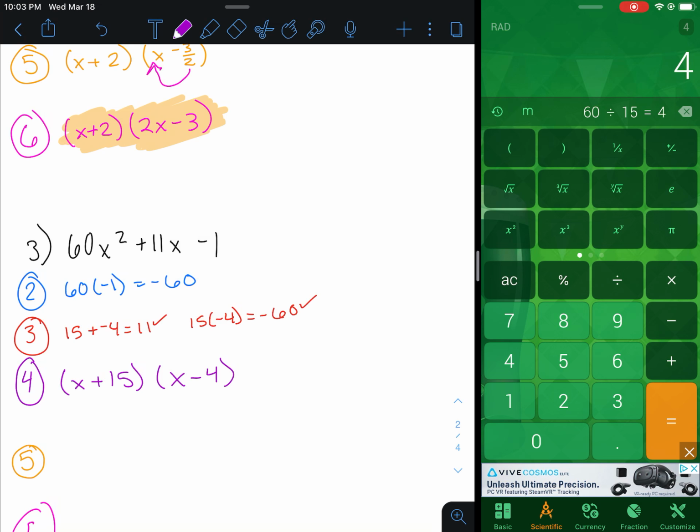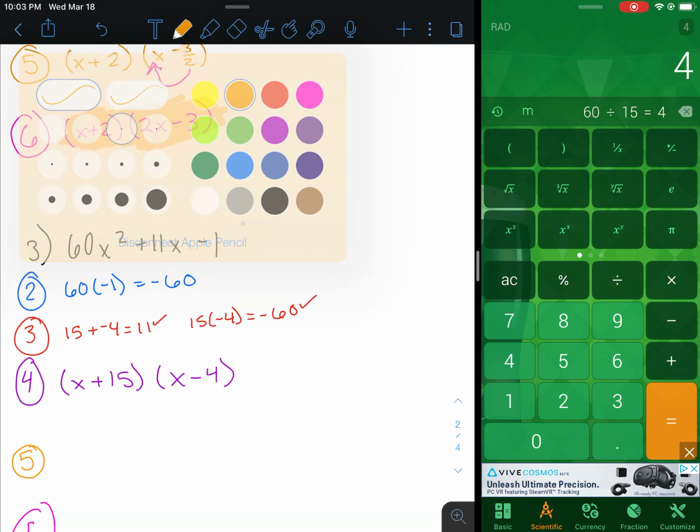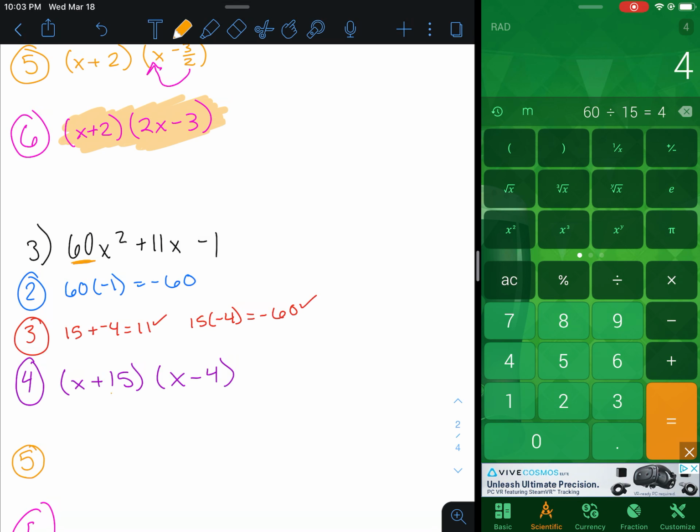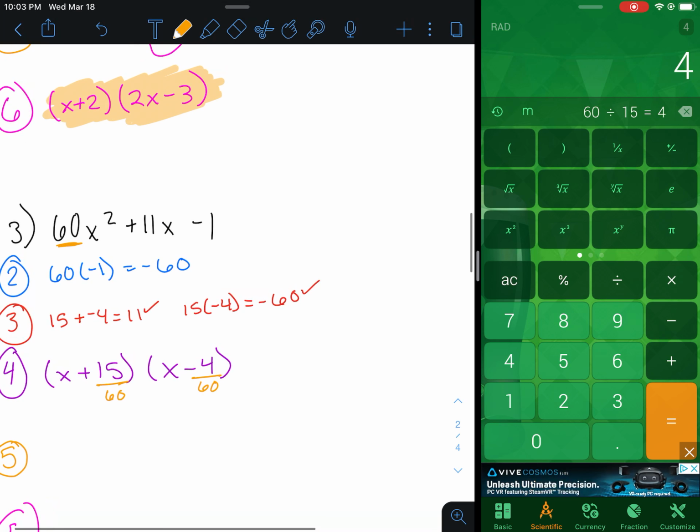And in this case, we are going to divide by our original a, which we have as 60. And then we're going to reduce for step number 5, which will be x plus 15 can go into both 15 and 60, so that gives us 1 over 4. And then on this one, 4 and 60, 4 goes into both of them, so we have x minus 1 over 15.